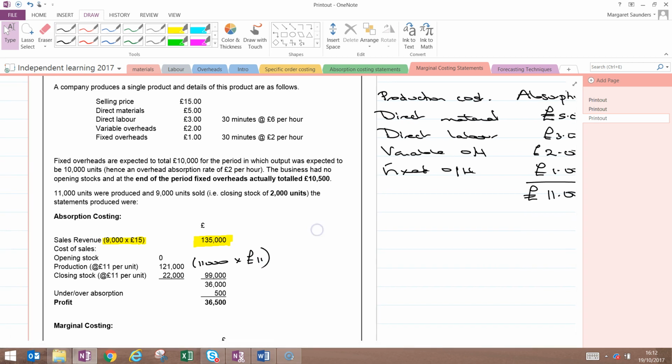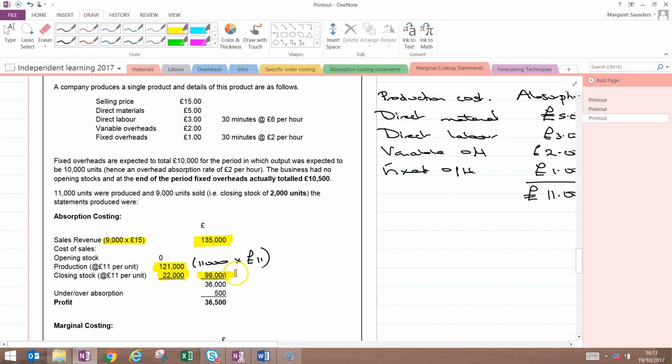So we have the production cost. Because we have produced 11,000 but only sold 9,000, we have 2,000 units to put into stock. They are valued at the same production cost of £11 a unit. So 2,000 times £11, we have £22,000 of closing stock. So the cost of sales, opening stock, plus production of 121,000 minus 22,000, we have £99,000 cost of sales.